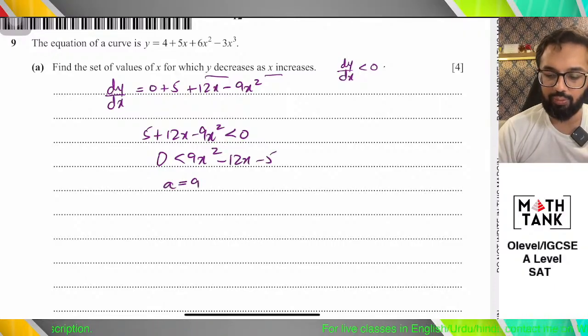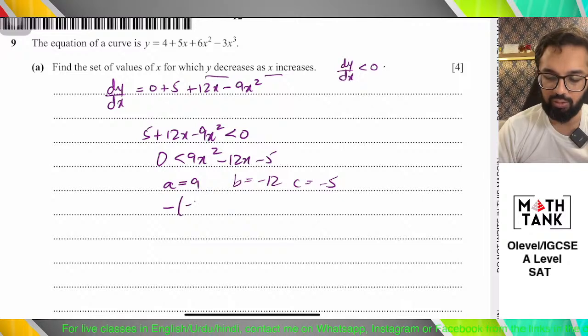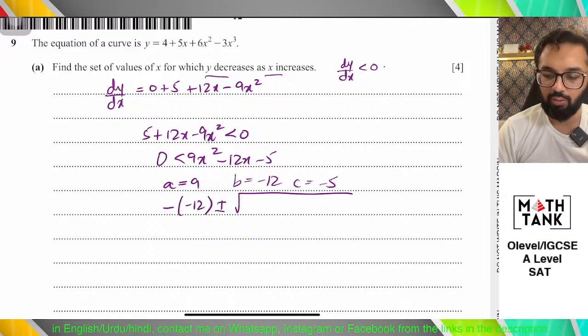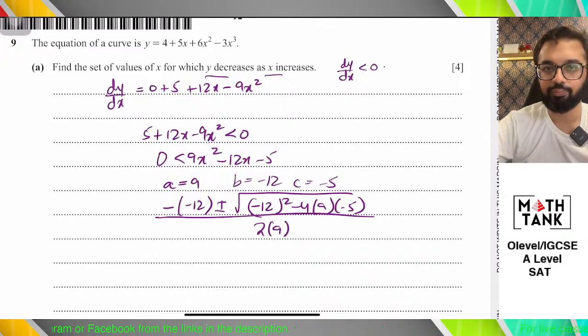I'm going to use the quadratic formula again to first find two critical values, minus b plus minus root of b square minus 4ac over 2a.